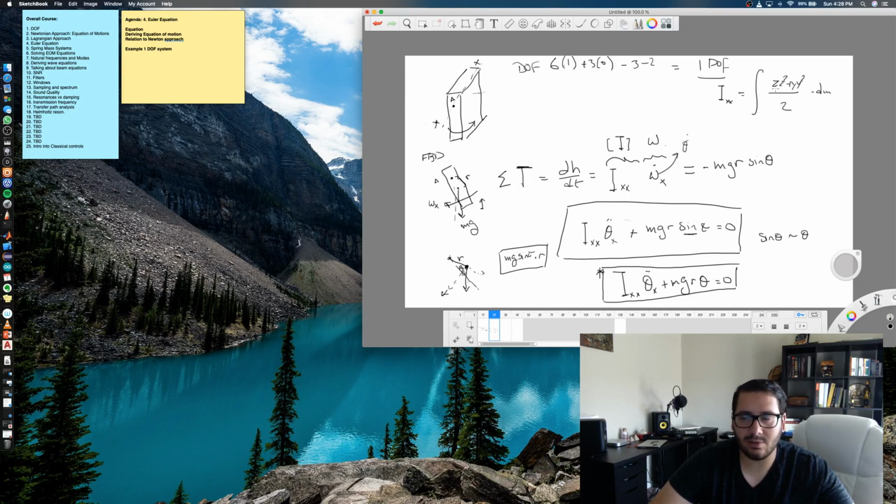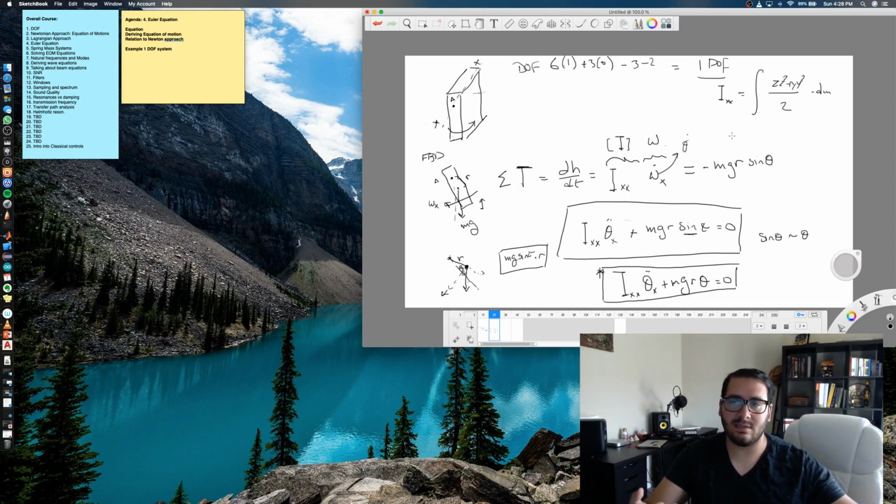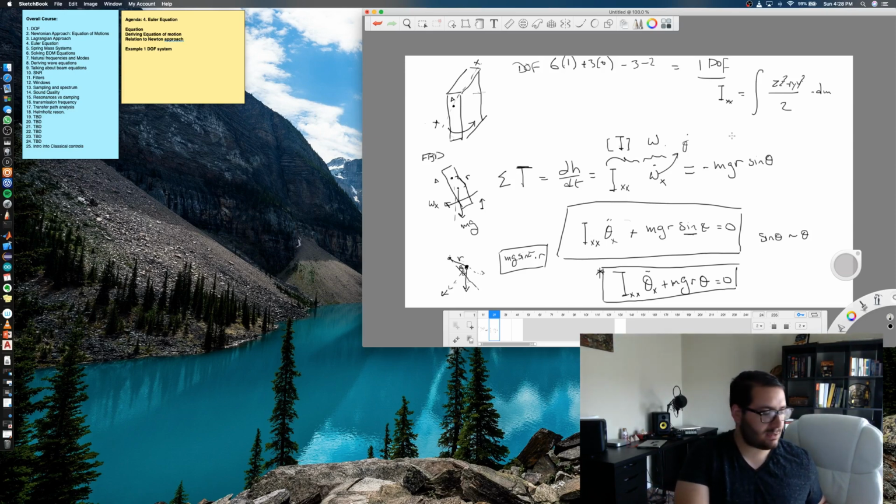Usually what you're trying to do is find the radius of gyration and multiply it by the mass. I don't remember exactly how it is. Usually you would have a book of references to calculate that, and you use your parallel axis theorem to transfer everything to the point you're referencing. But yeah, that's the case.